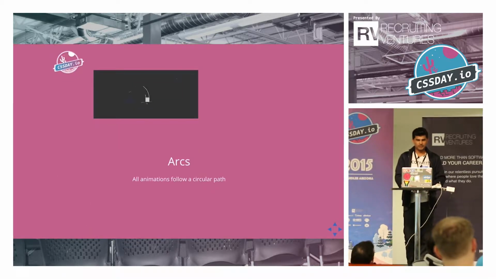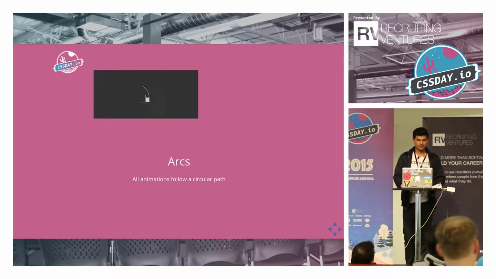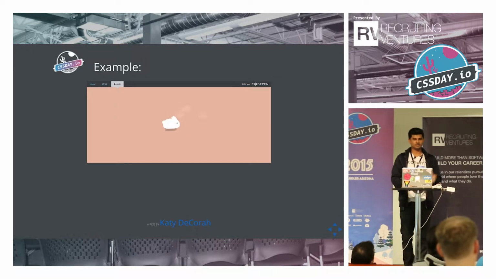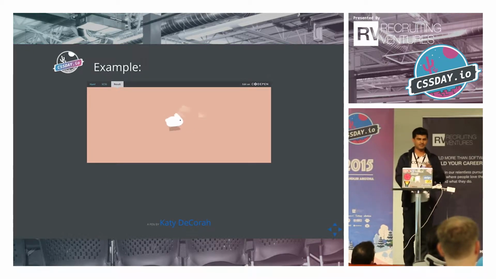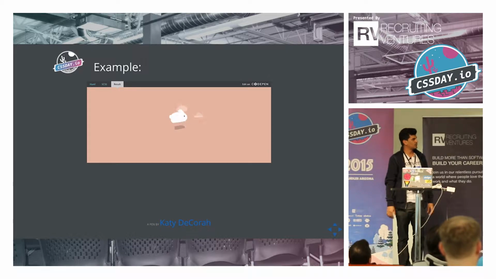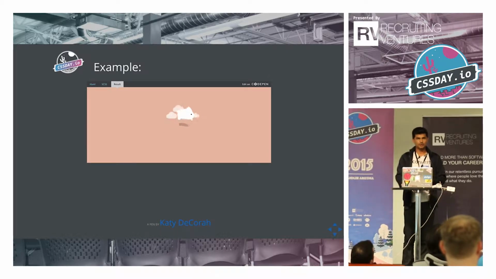Next one would be arches. This is an animation that follows any kind of circular pattern that you can create within your application. Something like a bunny jumping, and it's purely done in CSS, which is another great thing. I think SVG and CSS put together create this particular animation. It's a really cool animation, and you can create a really great loading screen so that the user does not get frustrated.